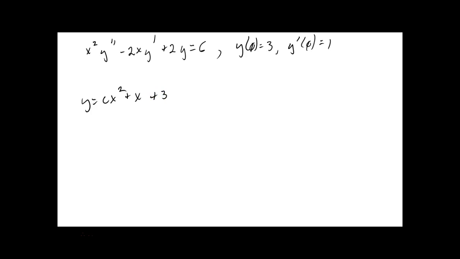Now, what seems a little wrong with that being a solution for the problem? Well, if we have two initial conditions, we shouldn't have a parameter in there, should we? Let's just see what happens. What do we have to do? Take the derivative, and then the second derivative.